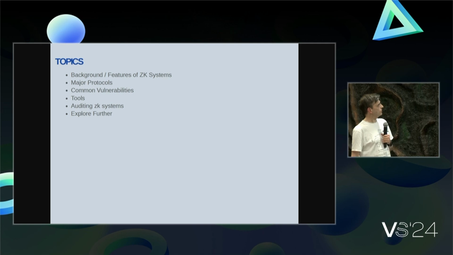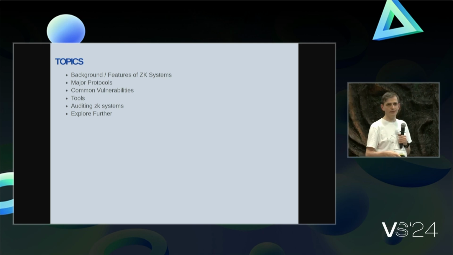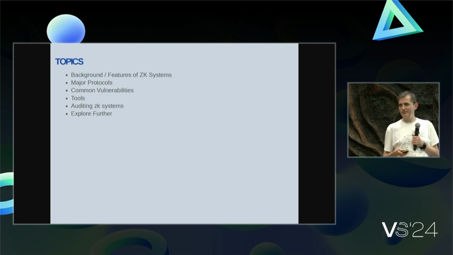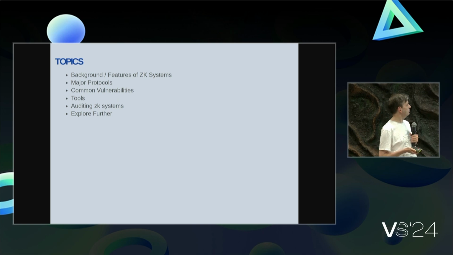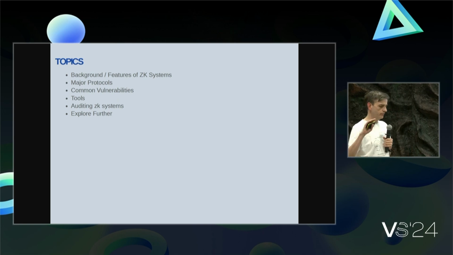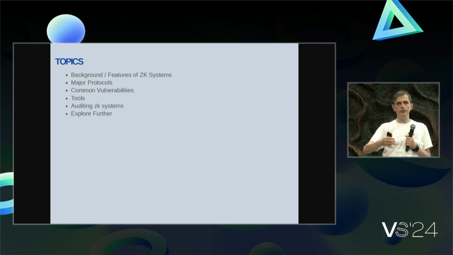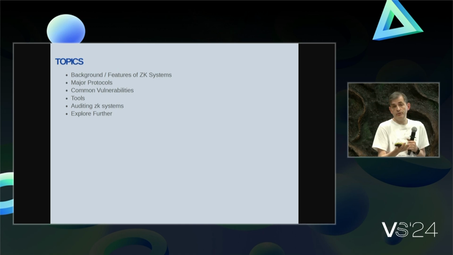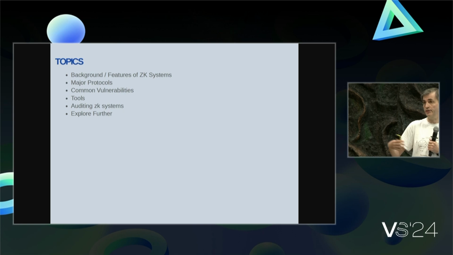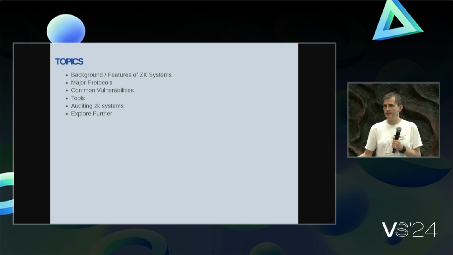All right, so what I'm going to talk about, just a little introduction. I think we can probably skip most of that because you probably all know the features of ZK systems already. You probably also know most of the major protocols. Then we're going to look at some of the vulnerabilities. The focus of this talk is aimed at people who are beginners in this space, and perhaps if you've got some experience auditing or looking at security in other systems and you're thinking, well, how does this apply to ZK systems?